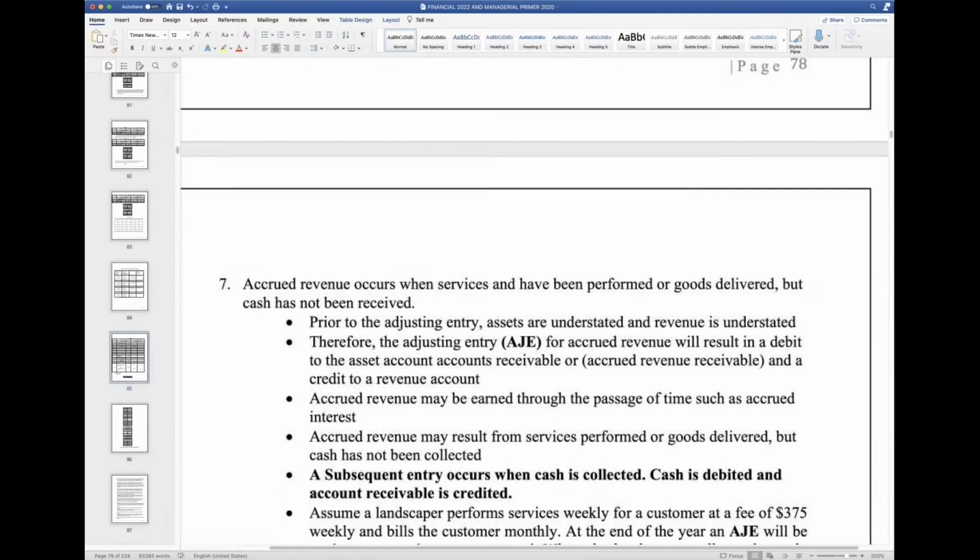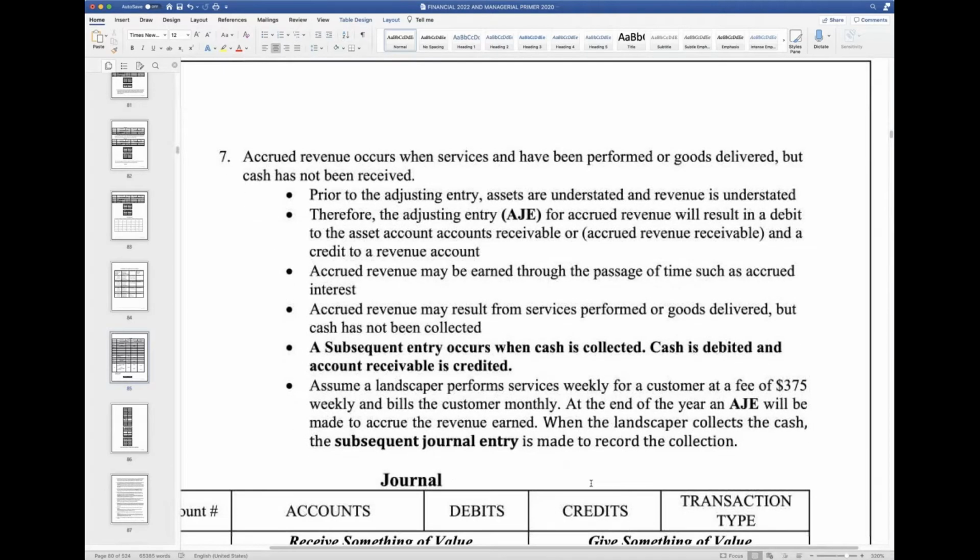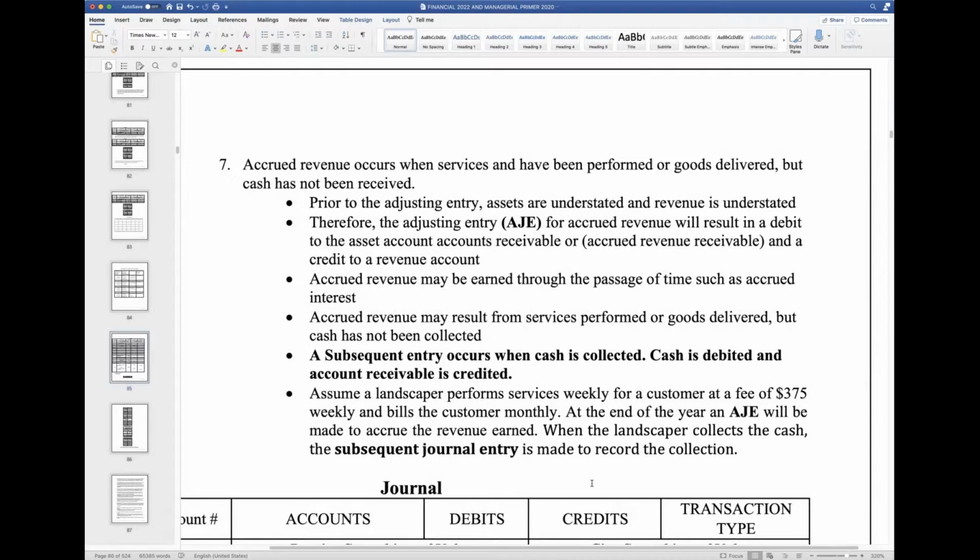Okay, let's move on to accrued revenue. Accrued revenue is very similar to a type 15 and a type 3, where we perform the services, we've done the work, but we have not been paid. So before we make this entry, assets are understated and revenue is understated.